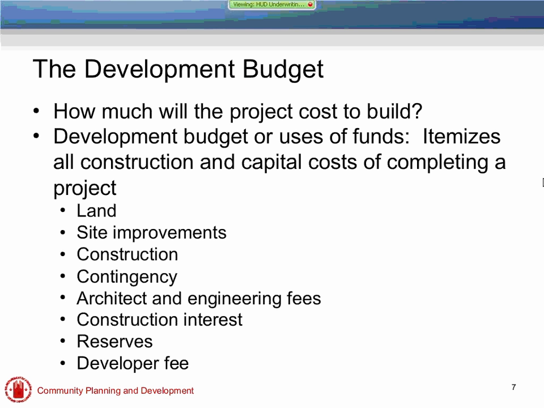Our architecture and engineering fees are going to be built in here. Our construction interest, so this is just the interest on our loan during the construction period. That's going to be part of our development budget. And reserves. The reserves that we're looking for on our development budget are typically our rent-up or lease-up reserve.